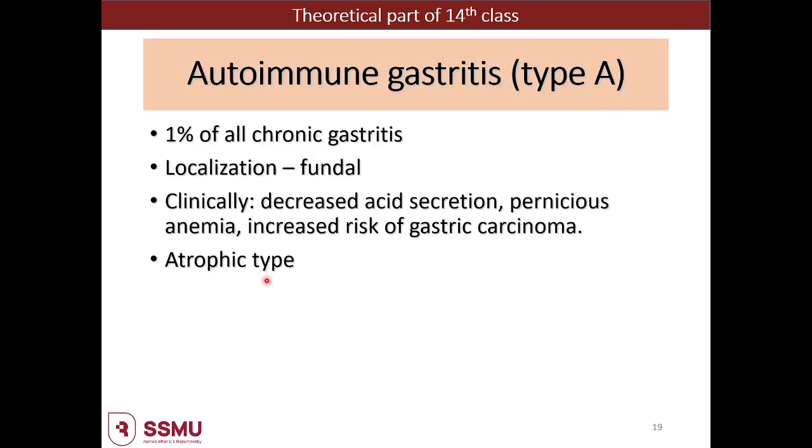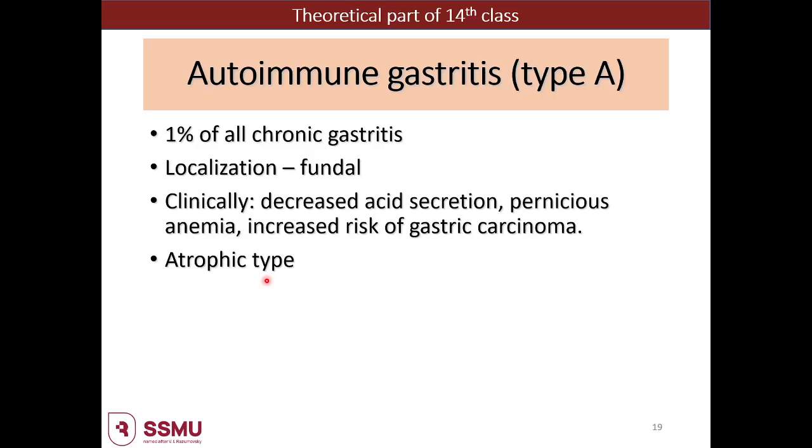Clinically, we can see decrease of acid secretion, pernicious anemia or B12 insufficiency anemia, and increased risk of gastric carcinoma. The specific morphological manifestation is atrophic gastritis. There are no erosions on the surface of the stomach.